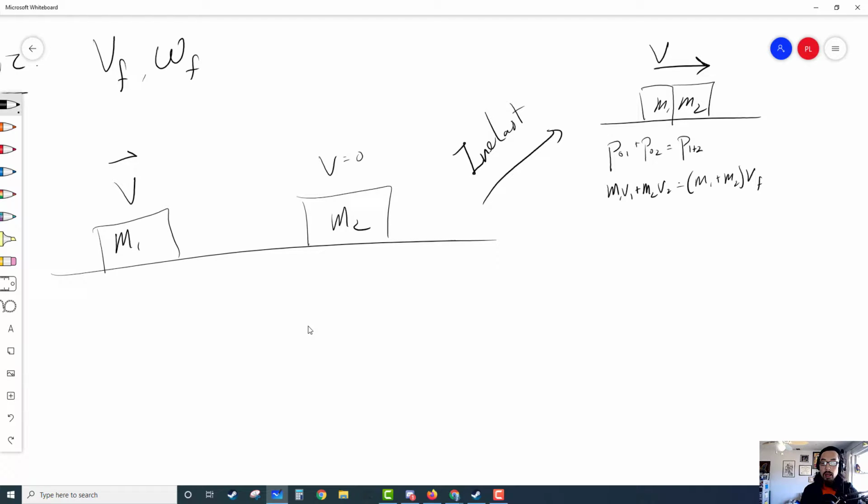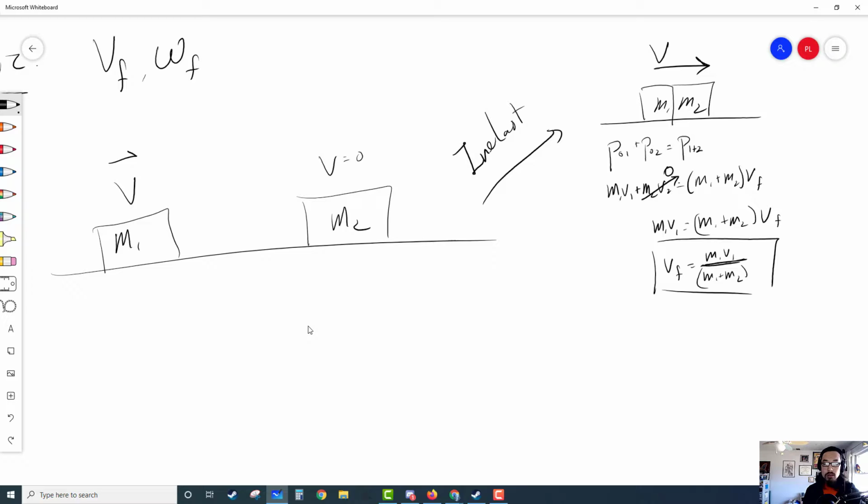We know that v2 is 0, so it'll just be m1 v1 is equal to (m1 plus m2) vf. We want the final velocity, so I'm going to divide both sides by that parentheses. We get m1 v1 all divided by m1 plus m2. So we have vf that looks like this.